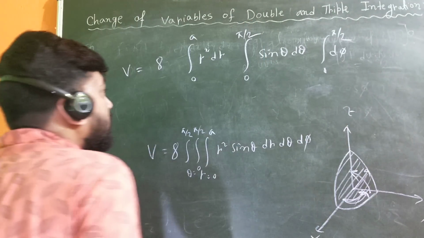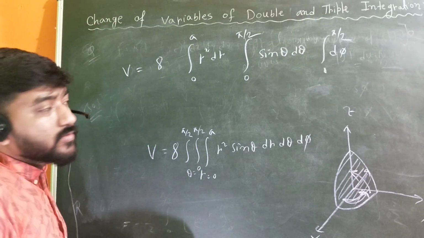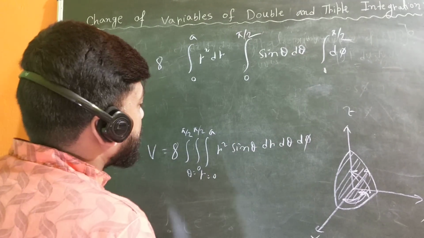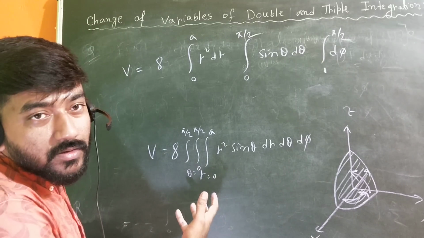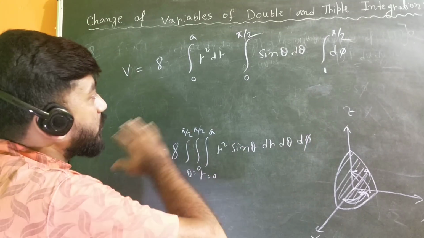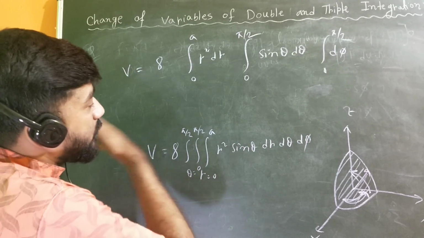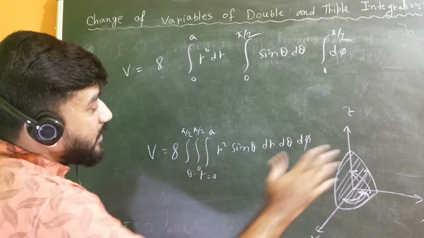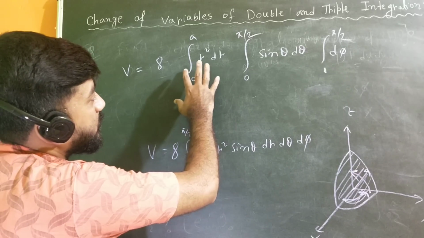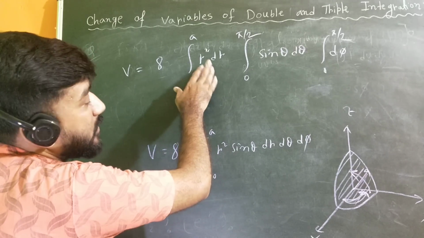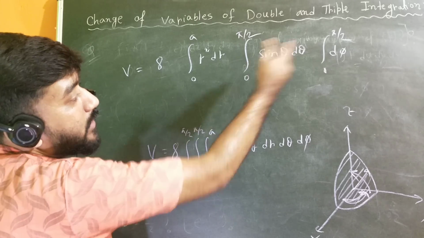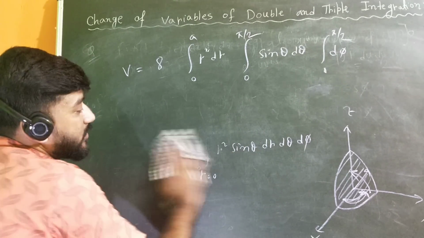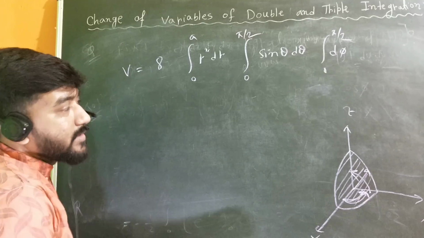In this kind of situation you can solve separately and then multiply, because they are independent of each other. This is the benefit of changing the variable. When you change the variable from Cartesian to polar, the variables are actually separable. So there is no issue when you solve the integration of r square; sin theta and d phi will not be affected by this. This is the benefit: you can solve the integration separately.